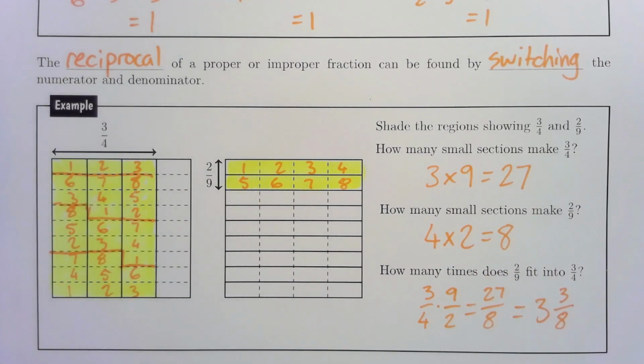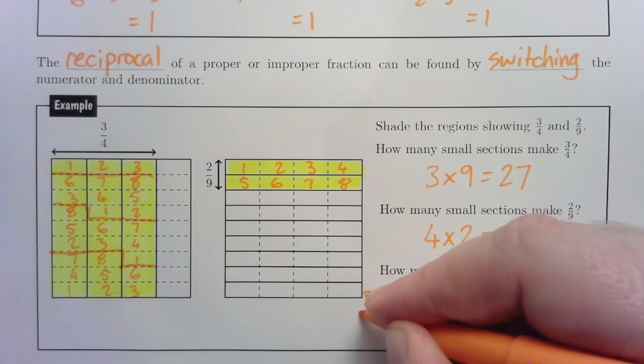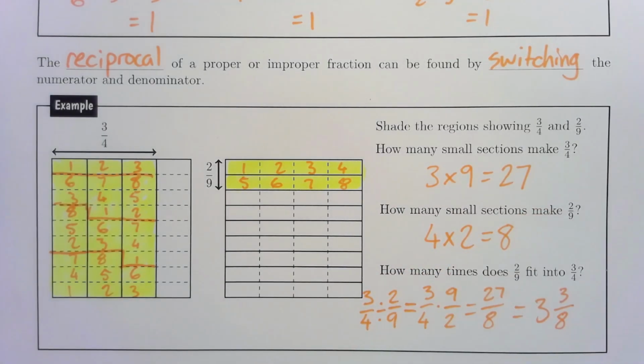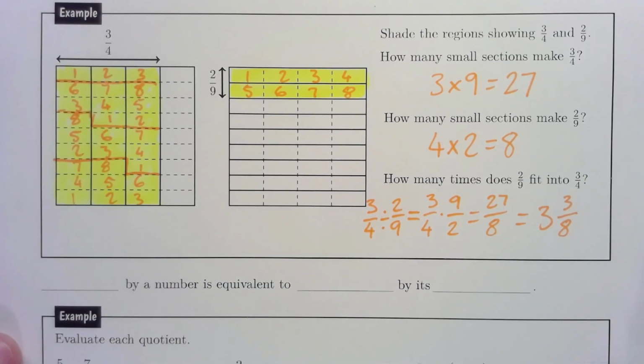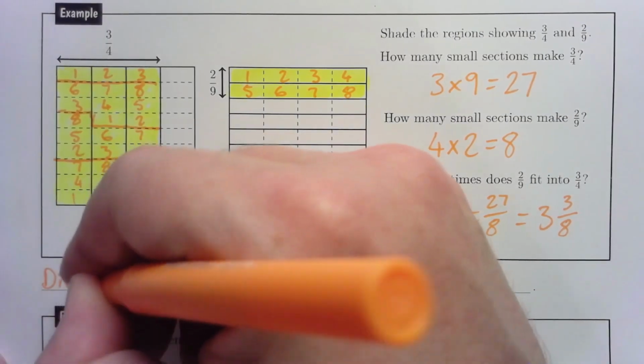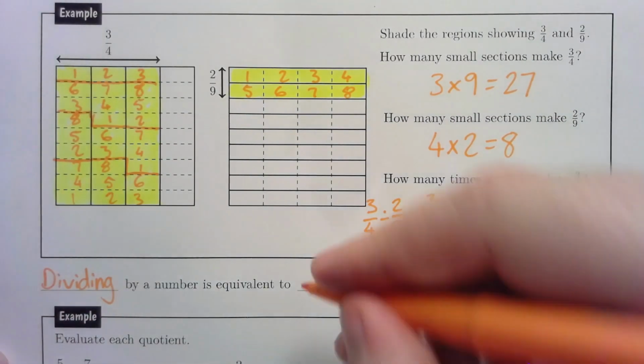But we know what we were actually trying to represent here, which was division, 3/4 divided by 2/9. Well, we've just shown that 3/4 divided by 2/9 is the same as 3/4 times 9/2. What we've done is we've changed a division into a multiplication by taking the reciprocal of the second number.